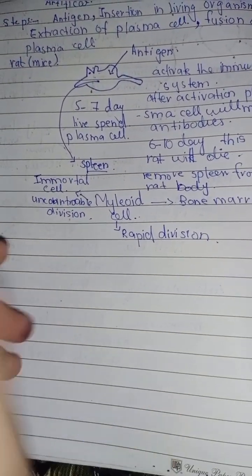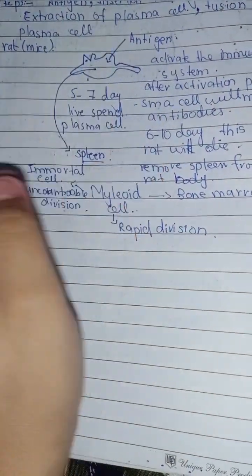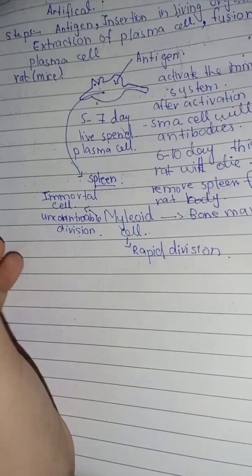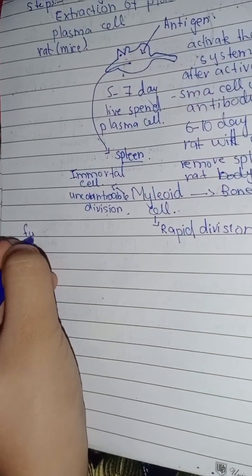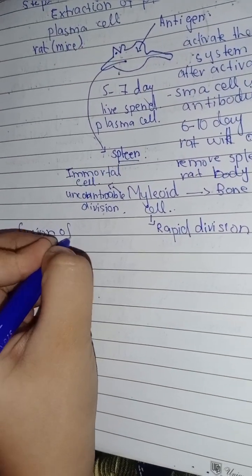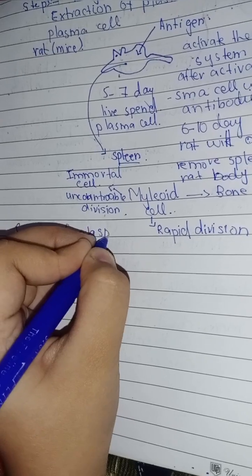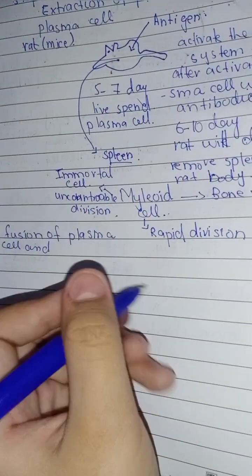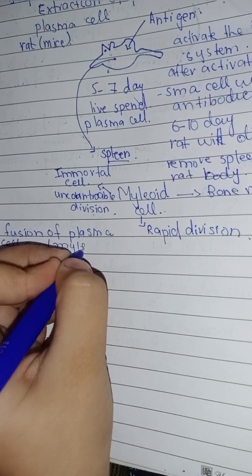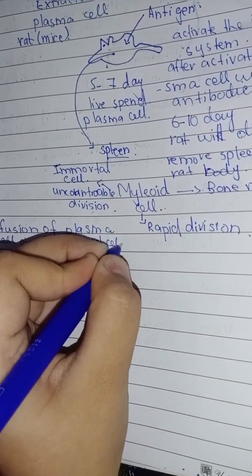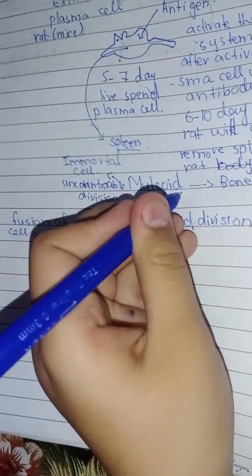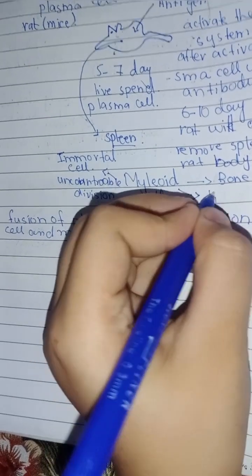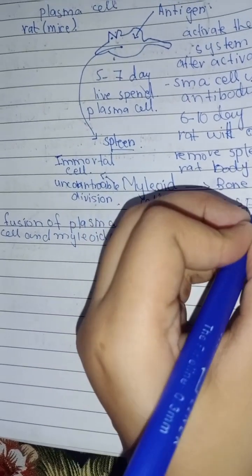Okay, so I hope it is clear until here. Now the third step is done. Extraction of plasma cell is done. Now we will do the fusion of plasma cell. Let me write here, fusion of plasma cell and the other cell, the myeloma cell. And one more thing, the myeloma cell has a longer life span. It cannot die easily.